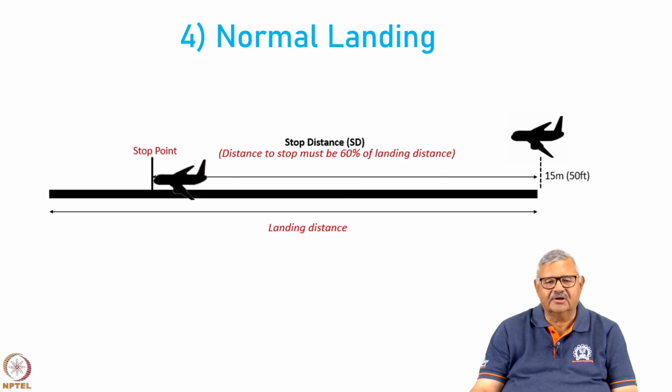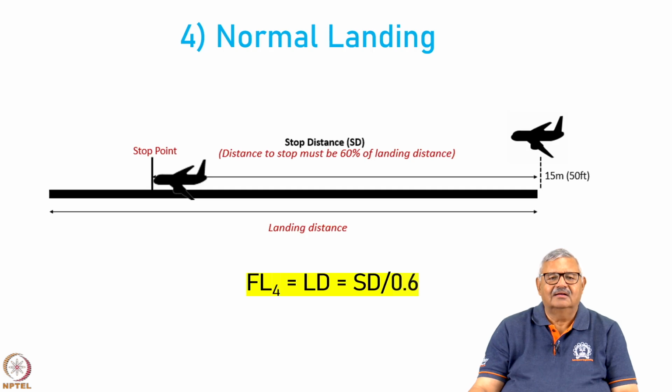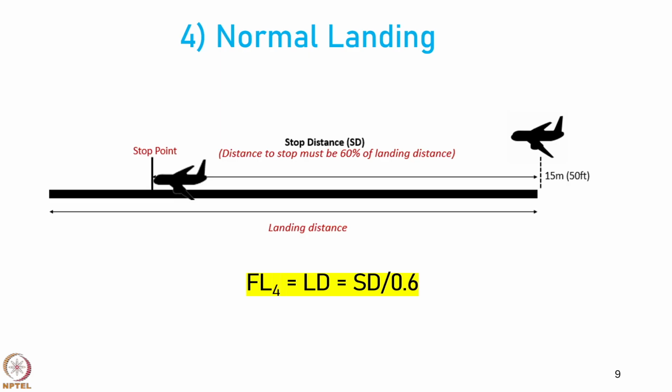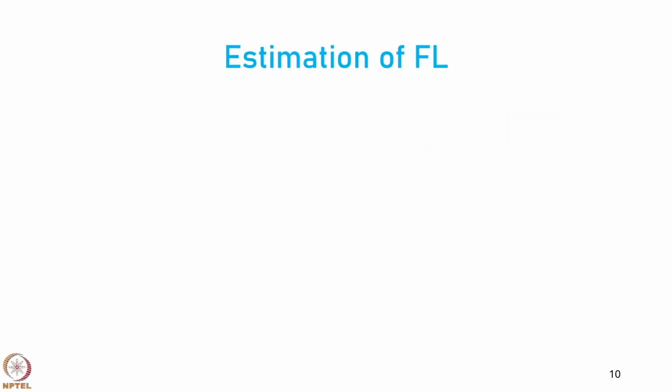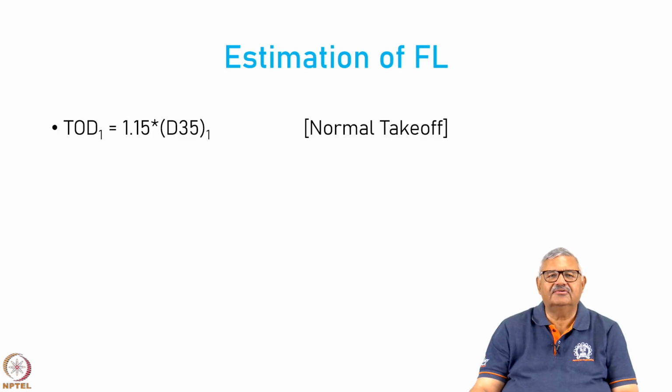This whole distance on the ground, from the place where the obstacle height is reached to the stop point, is called the stop distance, SD, and this distance must be 60% of the total landing distance, or in other words, the landing distance is defined as the stopping distance divided by 0.6, and that becomes the fourth estimate of field length, FL4.